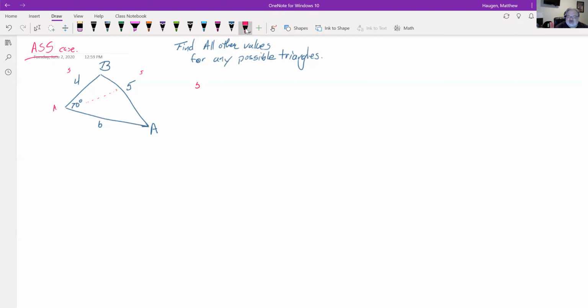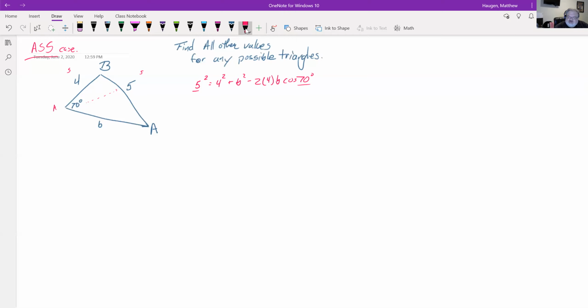So we'd have to say that 5 squared is equal to the 4 squared plus that b squared minus 2 times 4 times b times the cosine of that 70 degrees. Remember that angle, the whole thing equals the square of the side opposite the angle in question. So that 70 has to go with that 5.